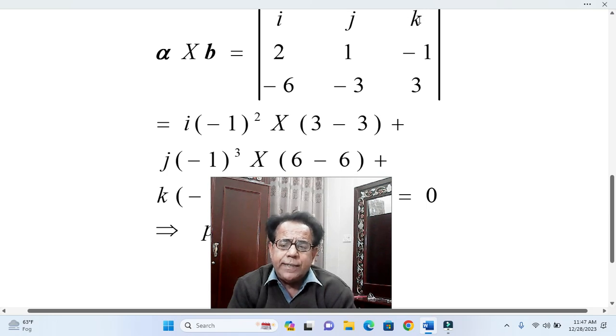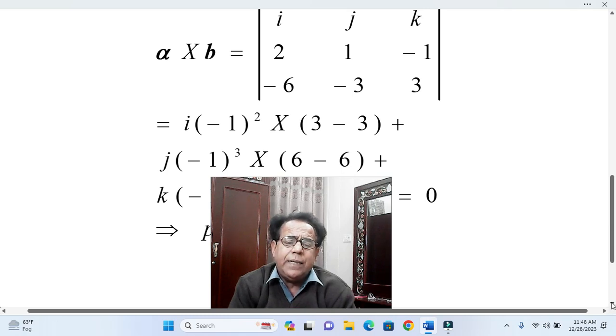When we consider k, then the third column and first row will be treated as omitted, and we will multiply this and then subtract the multiplication of this, that is to say minus 6 plus 6, it also becomes 0.